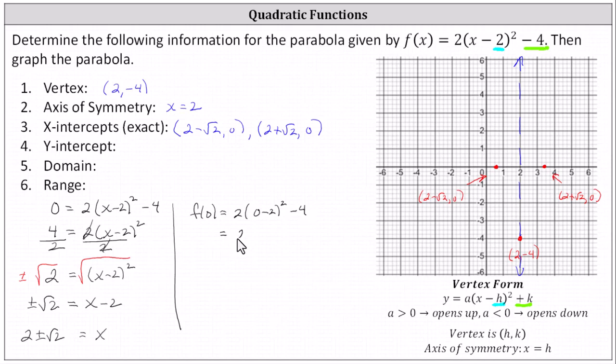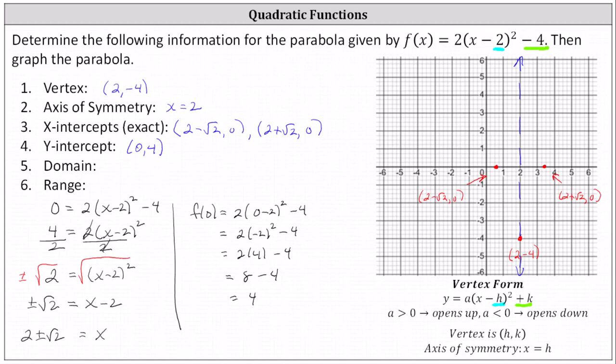Simplifying, we have 2 times the square of negative 2, minus 4. The square of negative 2 is positive 4, giving us 2 times 4 minus 4, which is 8 minus 4, which equals 4. The y-intercept is the ordered pair or point 0 comma 4.